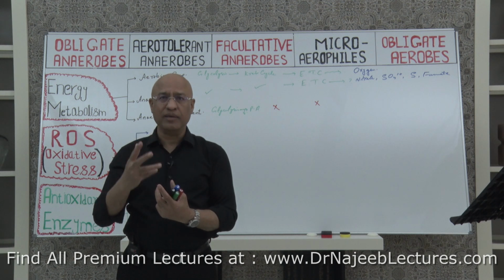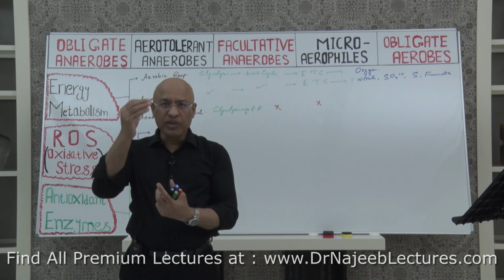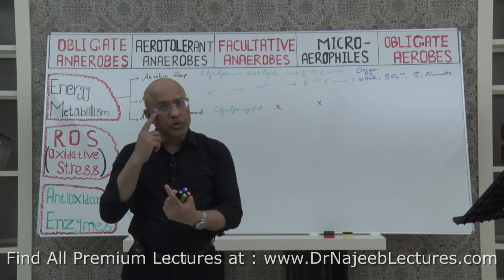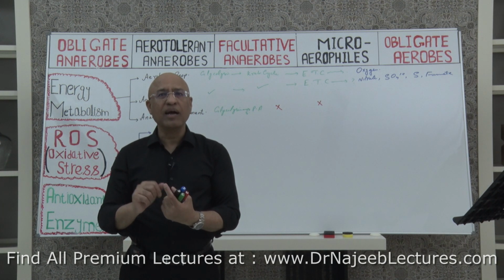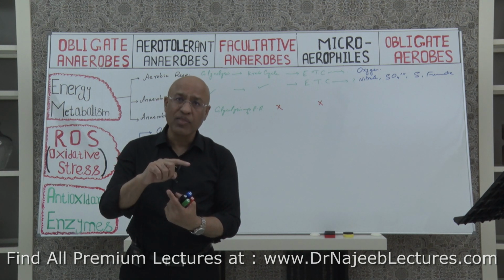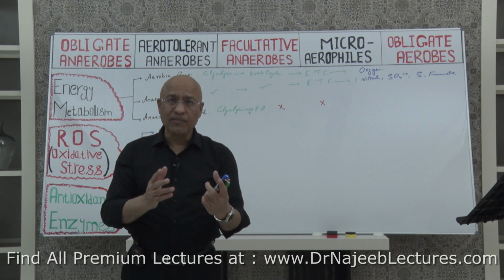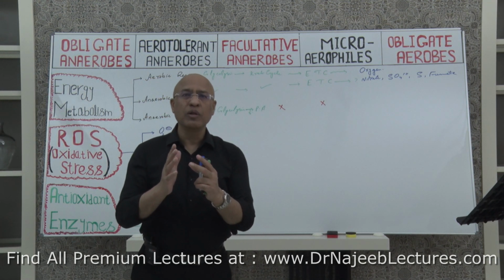And by the growth pattern of bacteria within that culture medium, we should be able to decide what kind of bacteria these are. Are they anaerobic or aerobic? Are they aerotolerant or microaerophilic? So now we are going to talk about those concepts.